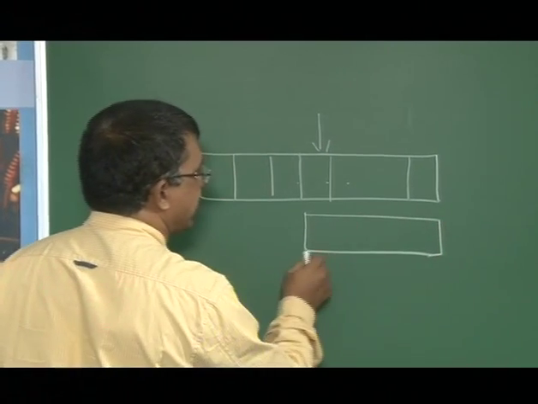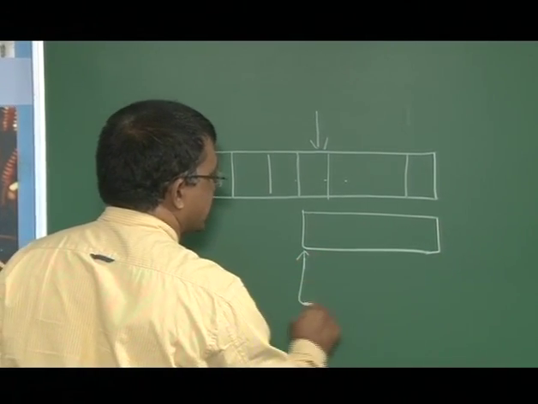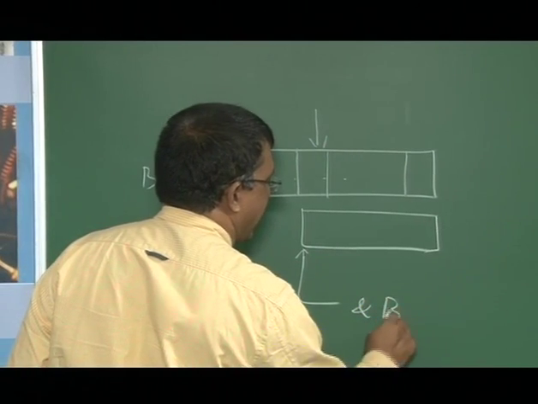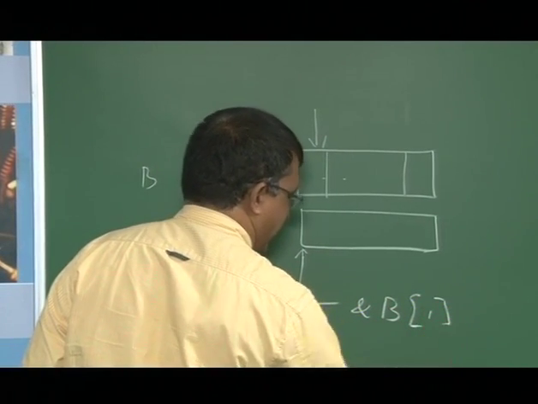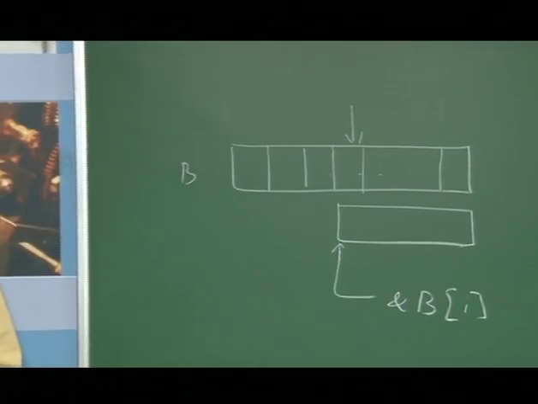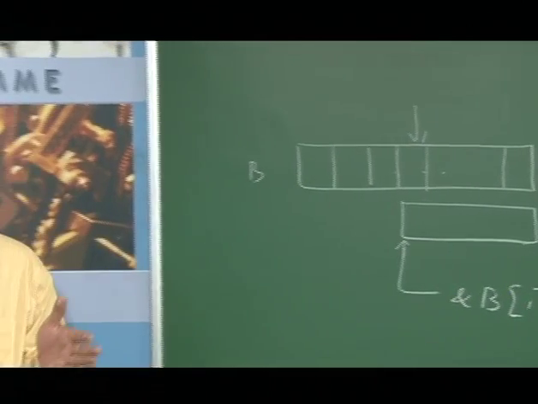I am not passing this entire block, I am passing the address of this, which is &b[i]. So, I slice the array and then pass it as an argument to this function. In many applications, this becomes very important. Many string operations, many kinds of system software requirements need this kind of access.